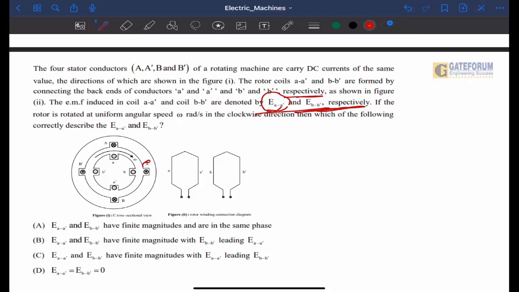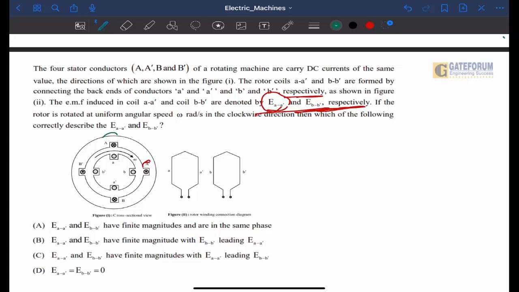For calculating the rotor conductor EMF, we need to find the stator magnetic field direction and the rotation direction. First of all, we will use Fleming's right hand rule and find the direction of the field.